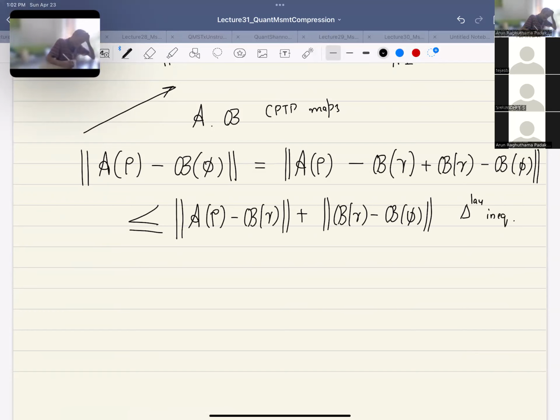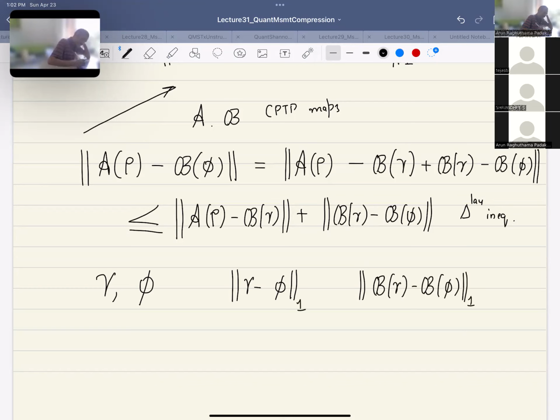Okay, next, remember the following. What do CPTP maps do? Suppose I have two states, gamma and phi. How does the distance between the states compare with the distance between their outcomes when I pass them through a CPTP map?